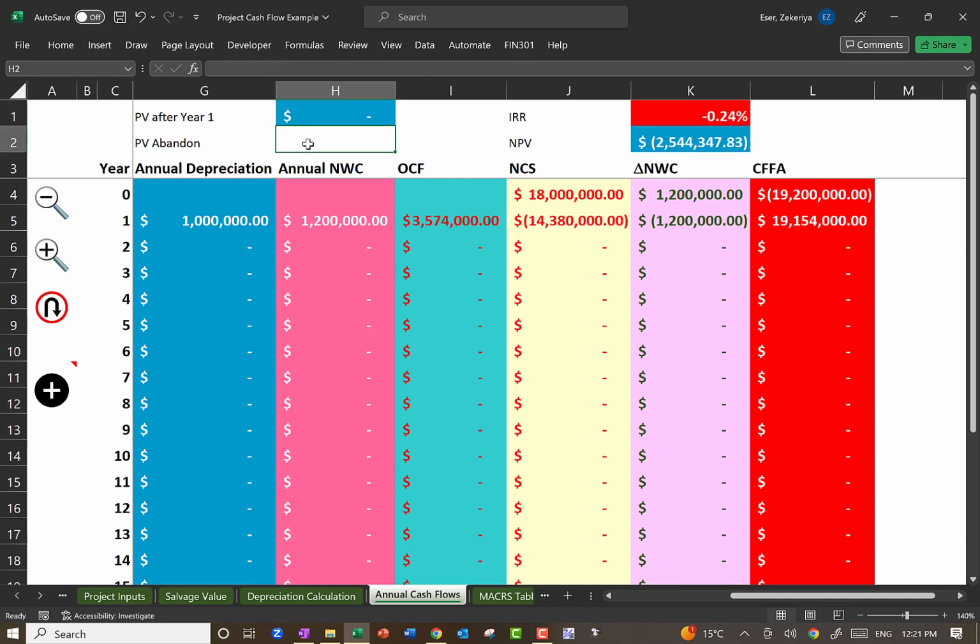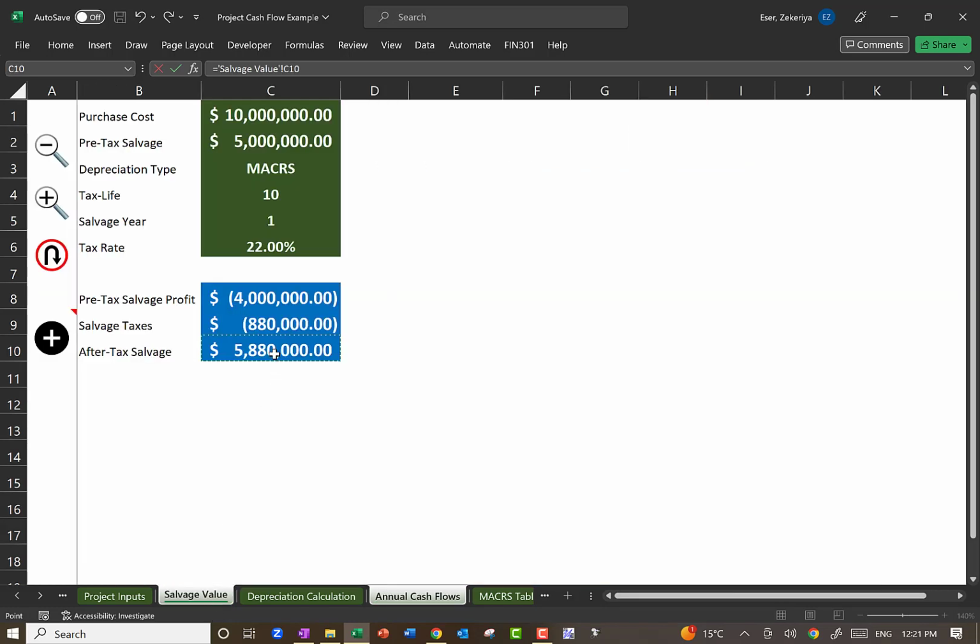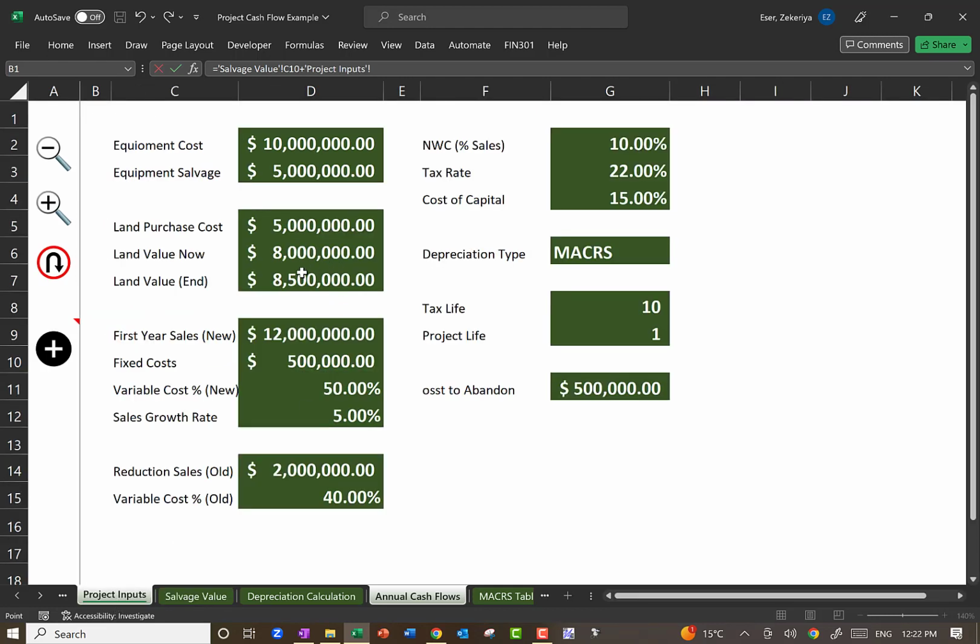All right. So if I abandon, what do I get? I get the salvage, okay? I'll get the land back.